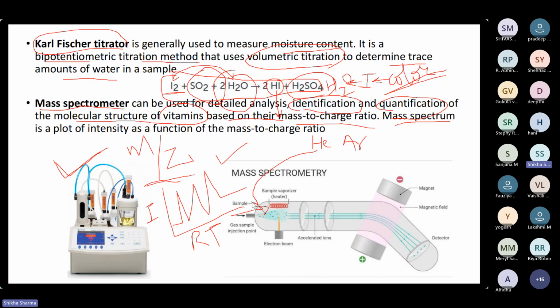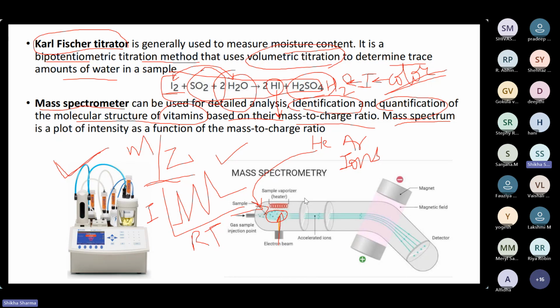So with the sample, helium gas goes, and then the sample is heated. It is heated to a high temperature, and at that high heat an electron beam is applied, so from the sample we get ions.